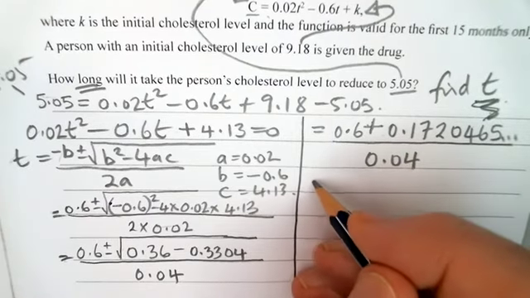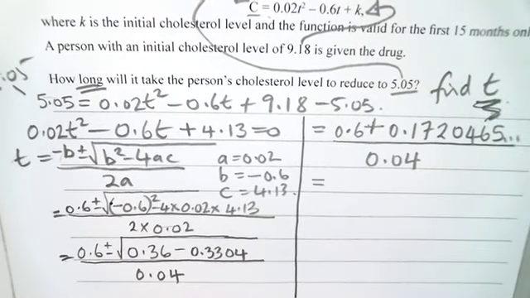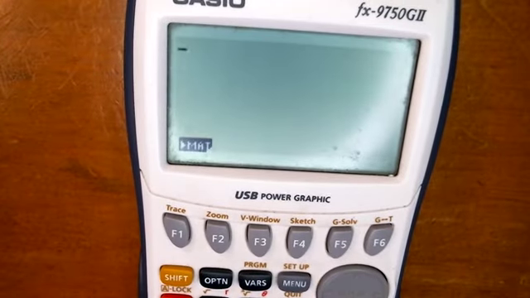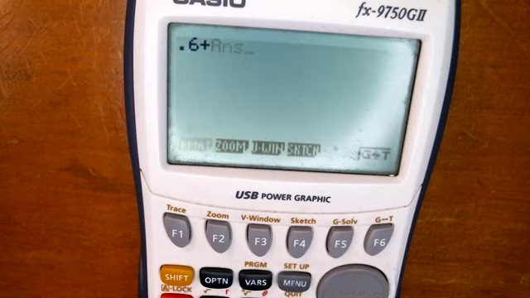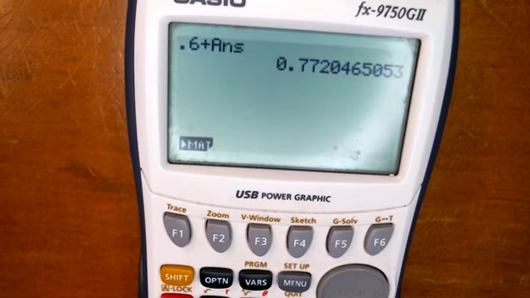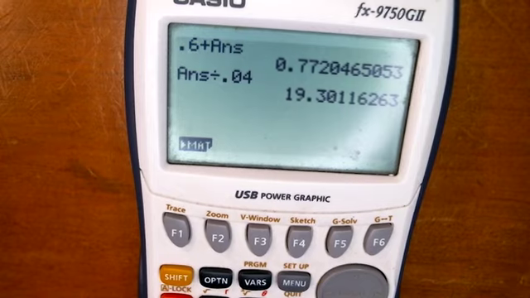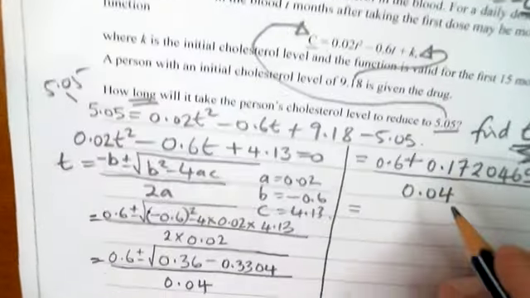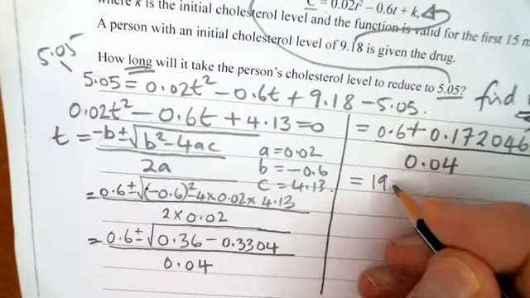And by the way, that equals, I'm just going to do it in one go. So I've got 0.6 plus the answer I just got. I'm going to divide all that by 0.04, and I get 19.3, yeah? 19.30.